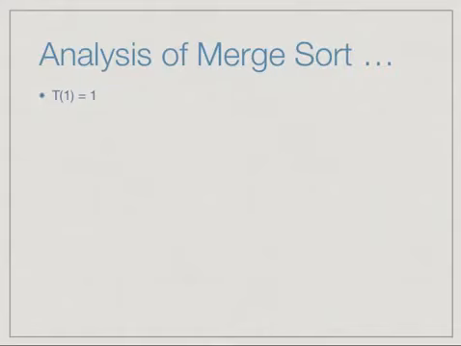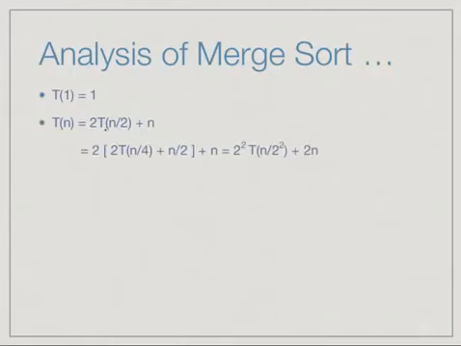So we start with the base case. If we have a list of size 1, then we have nothing to do. So T of 1 is 1. And T of n in general is 2 times T of n by 2 plus n. So if we expand this out, so we substitute for T of n by 2, we get 2 times T of n by 4 plus n by 2, because if we take this as the new input, this expands using the same definition.